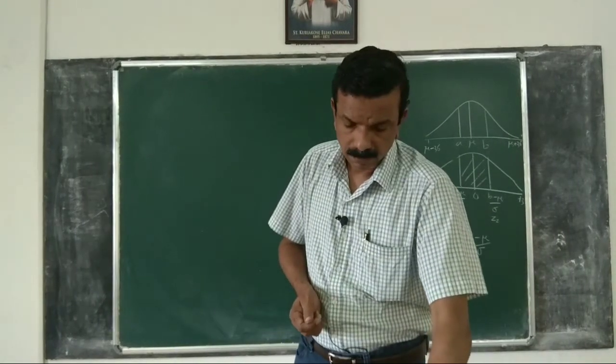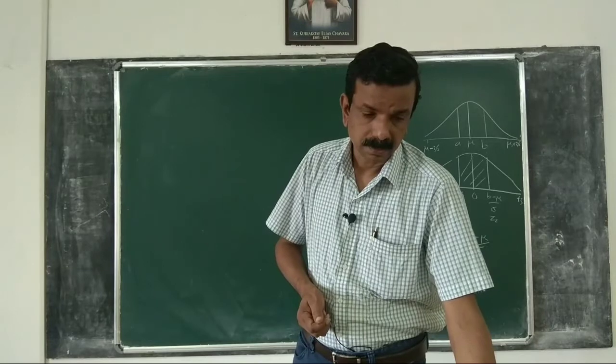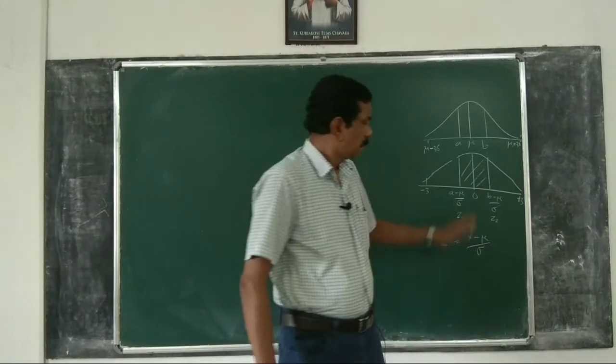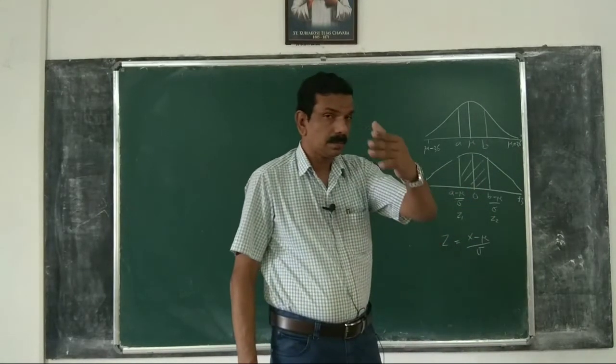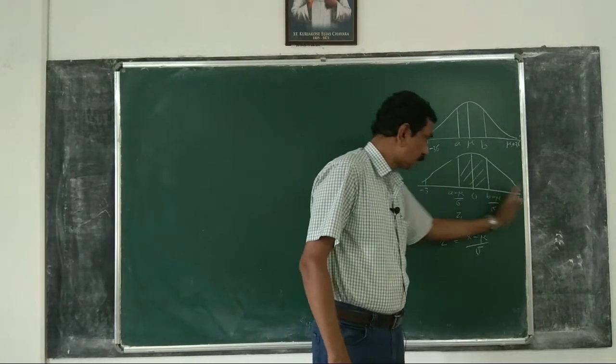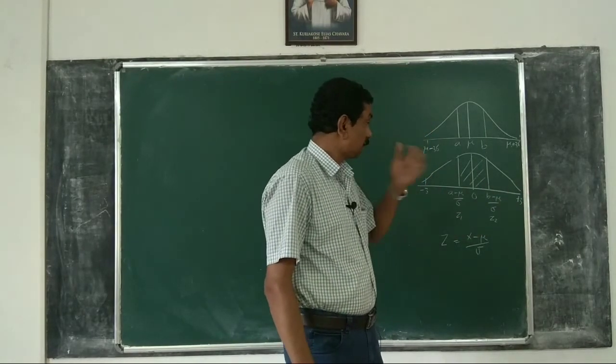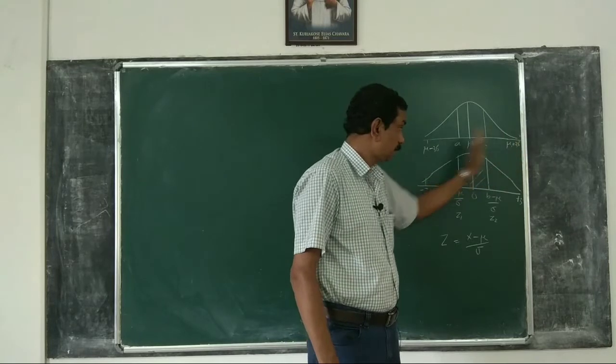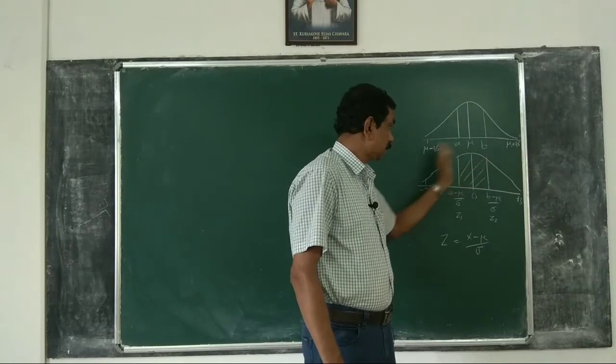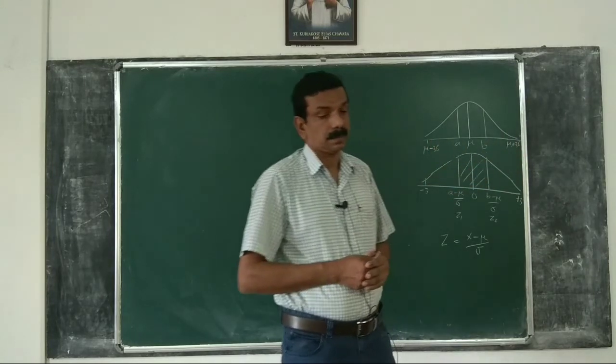That is, most of the observations of the standard normal distribution lie between minus 3 and plus 3, as most of the observations of the normal distribution lie between mu minus 3 sigma and mu plus 3 sigma.